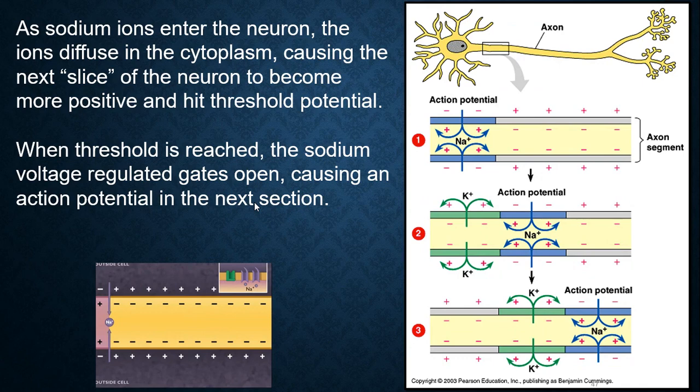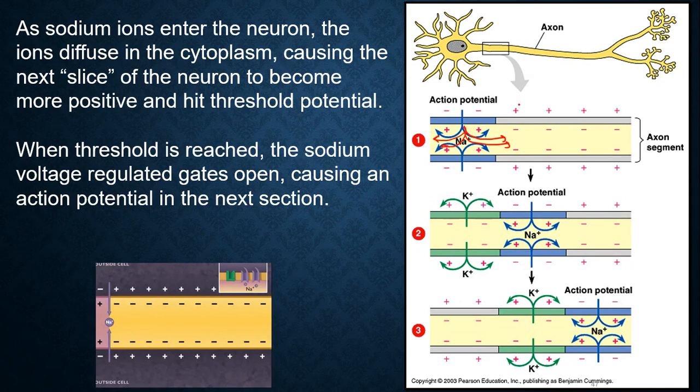It'll go from high concentration to low concentration. That's diffusion and osmosis. So when sodium rushes into the cytoplasm, it's not just held in place, it's not frozen there. What's going to happen is that sodium is going to start to diffuse in both directions within the cytoplasm. So the sodium rushes in and it starts to diffuse.